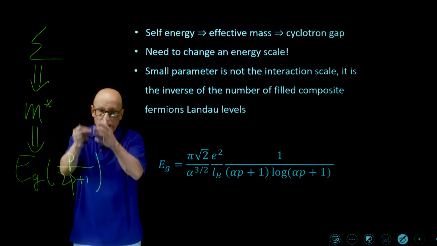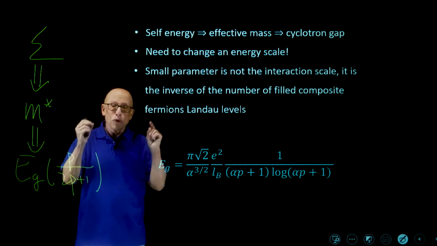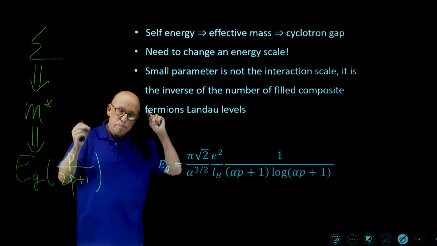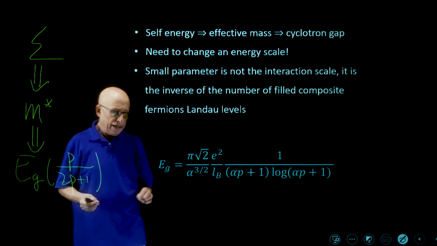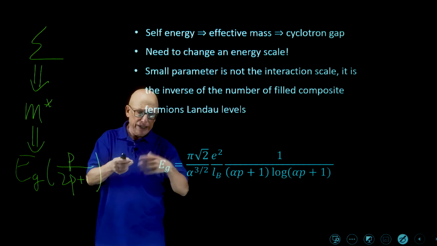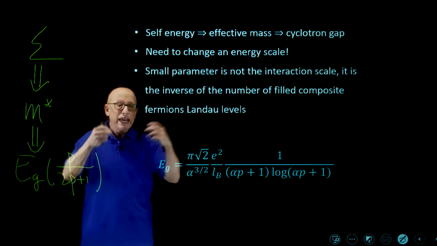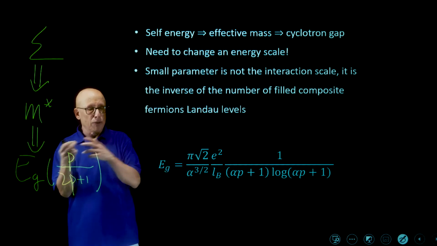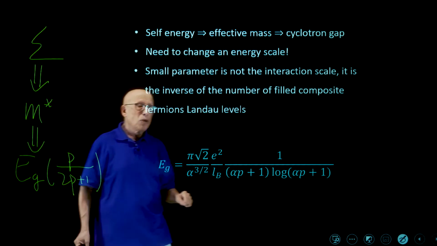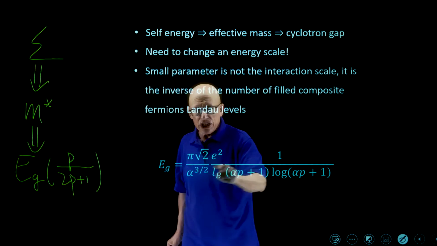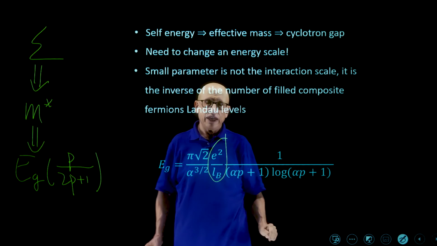And now, if we carry out this calculation, what we see is that because of the combination of the slow dynamics of the density fluctuations and the type of interaction that the composite fermion has with these fluctuations, the energy gap changes scale.